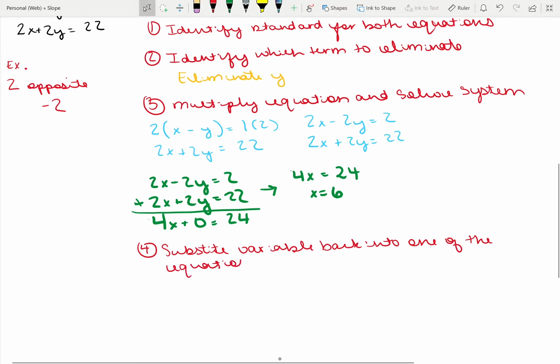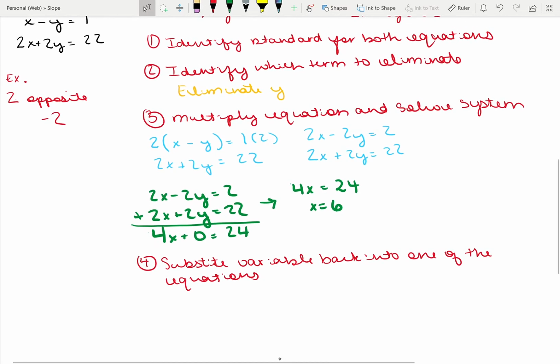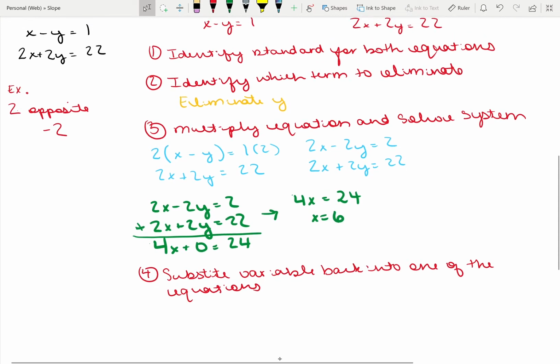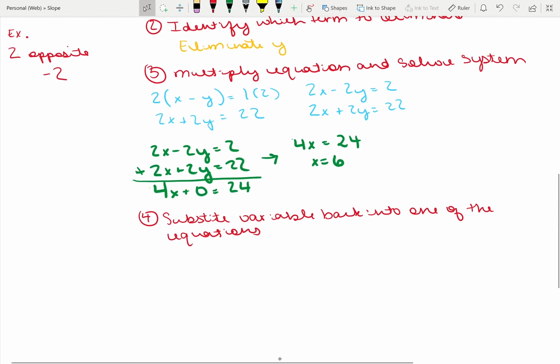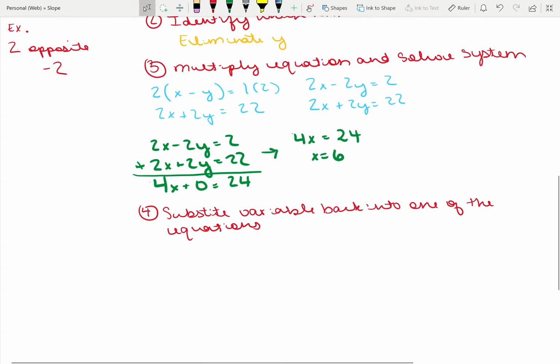So I'm going to choose the first equation that we started with, which is x minus y, excuse me, is equal to 1.